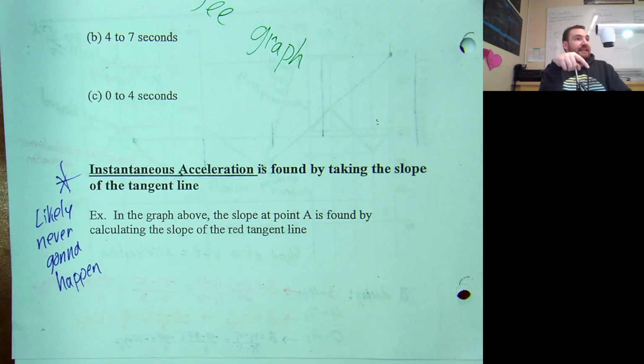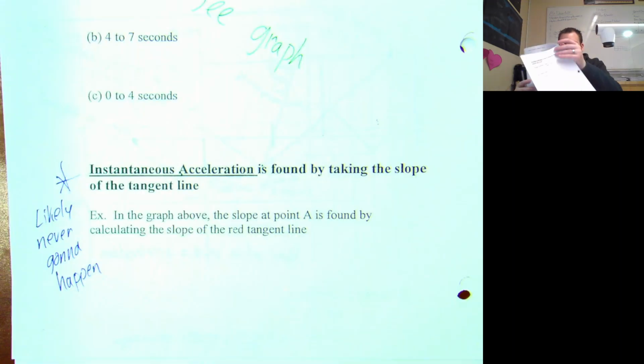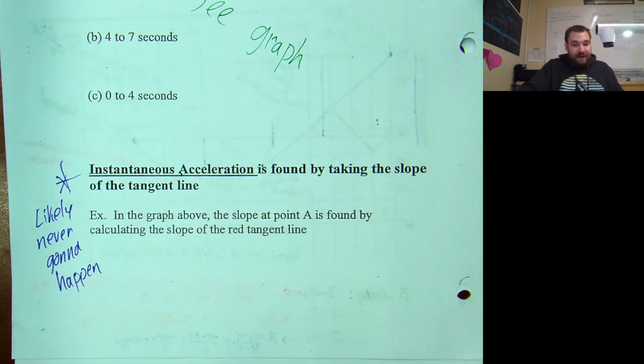Specifically, instantaneous acceleration will never show up, unless you go into engineering and then all of a sudden it's going to smack you upside the face. But as far as the physics goes, we will do instantaneous velocity. Same concept: take a tangent line, find the slope. But you will not do instantaneous acceleration. So that's one thing that we can find off of our graph.